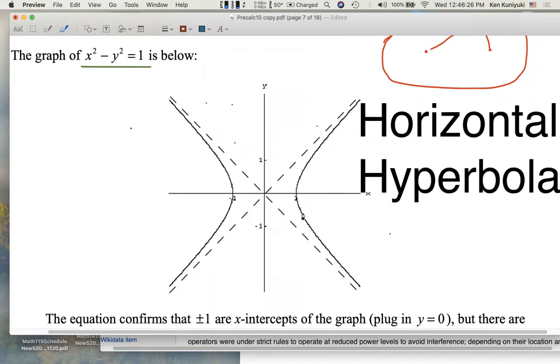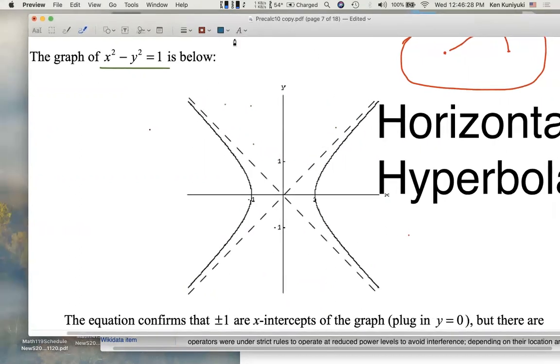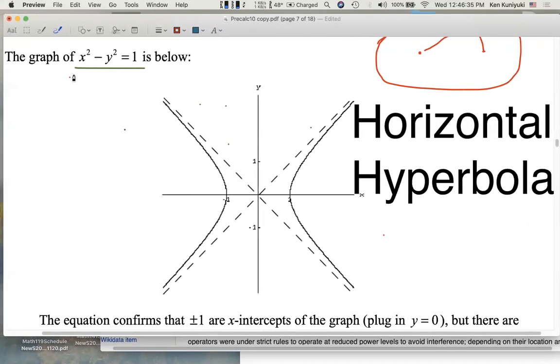It's a hyperbola that opens to the left and to the right. One way that you can tell that it's a horizontal hyperbola is that we have the x squared term to the left of the minus sign, and the y squared term to the right of the minus sign, equals a positive number. In standard form, we want a 1 there. Bear in mind, if that's a negative 1, we have to mess with the equation. But if you have x squared minus y squared equals 1, that's a horizontal hyperbola.